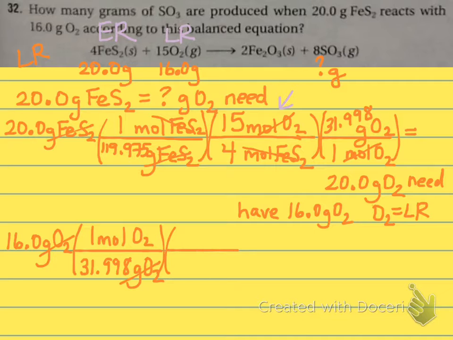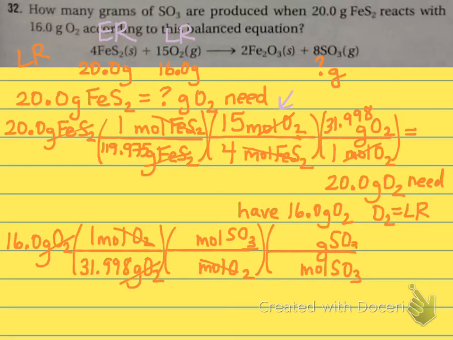I'm going to use my mole ratio to convert moles of oxygen to moles of sulfur trioxide this time. And then I'm going to use the molar mass of sulfur trioxide to convert moles of sulfur trioxide to grams of sulfur trioxide.